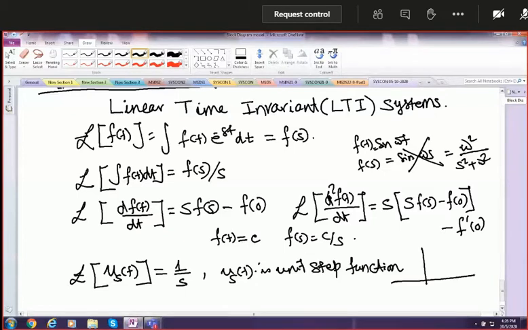The function is simply 0 before t equal to 0, and after t equal to 0 it is 1. That is the unit step function.